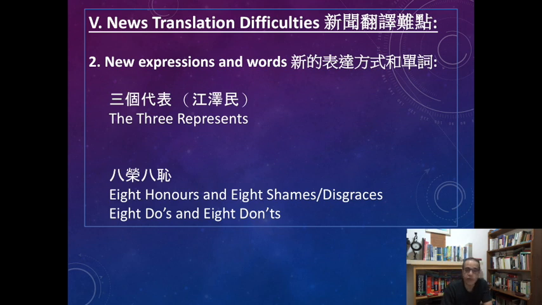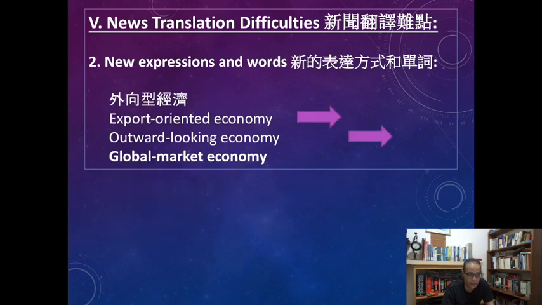You need to find the most suitable translation for new expressions. Another expression, 外向型经济. At the beginning it was translated as export-oriented economy, then outward-looking economy. Nowadays it's translated as global market economy.